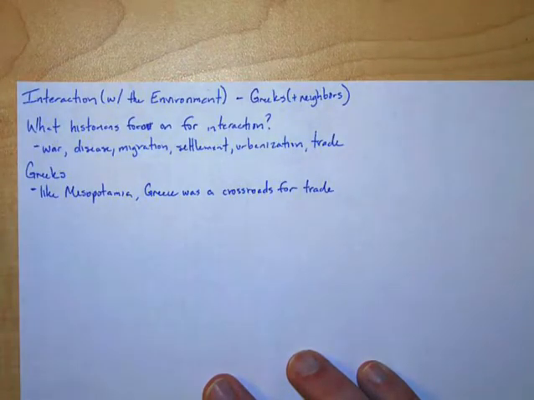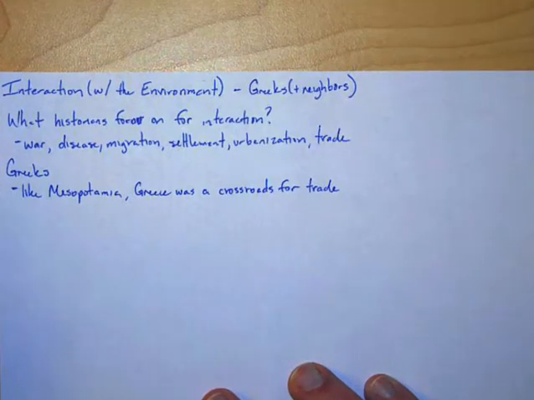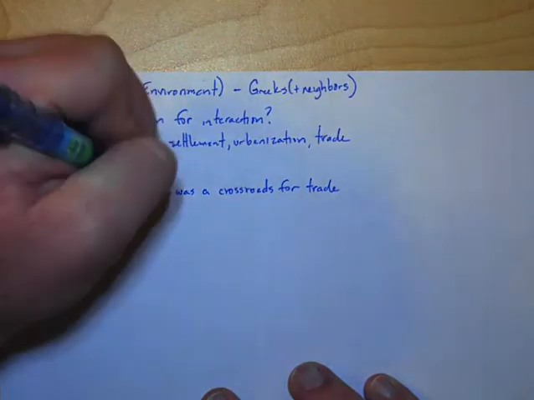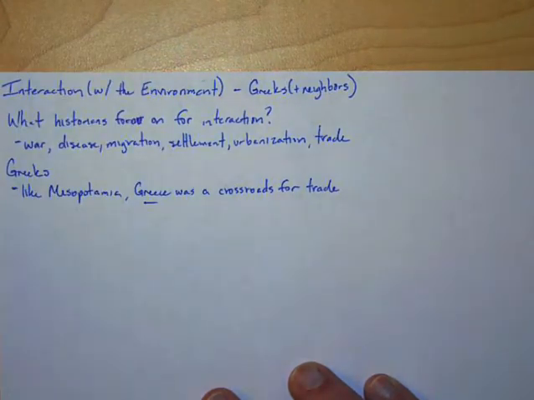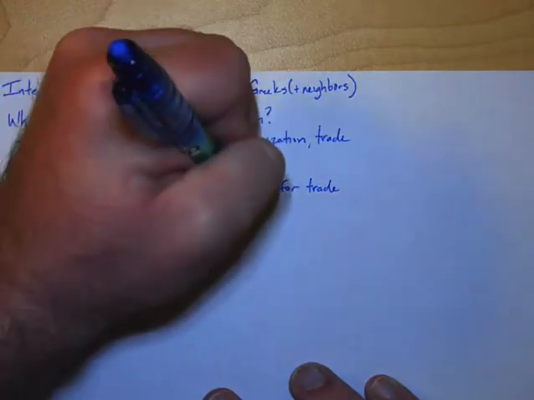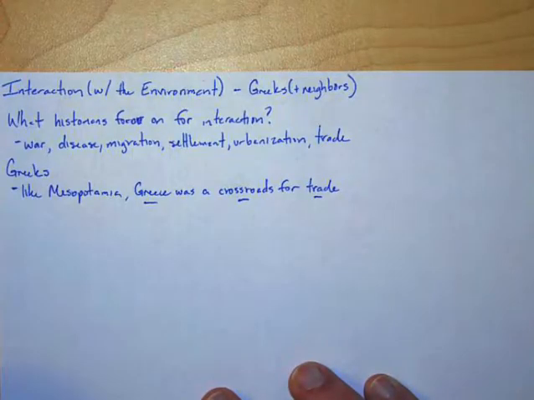Not to the same extent that Mesopotamia was, linking big societies with other big societies. Greece was more a regional trade hub, but they were still an important crossroads for trade.